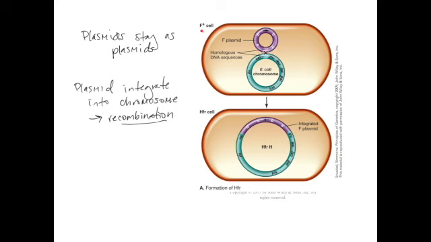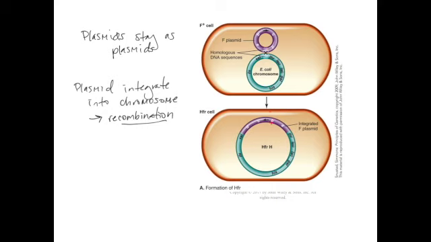Look up here at the top where we have our F plus cell. It has the F plasmid in purple and its bacterial chromosome in this sort of green color. For a recombination event to occur, there have to be areas of sequence homology on the plasmid and on the chromosomal DNA. And this allows for the two pieces of DNA to kind of intermingle.